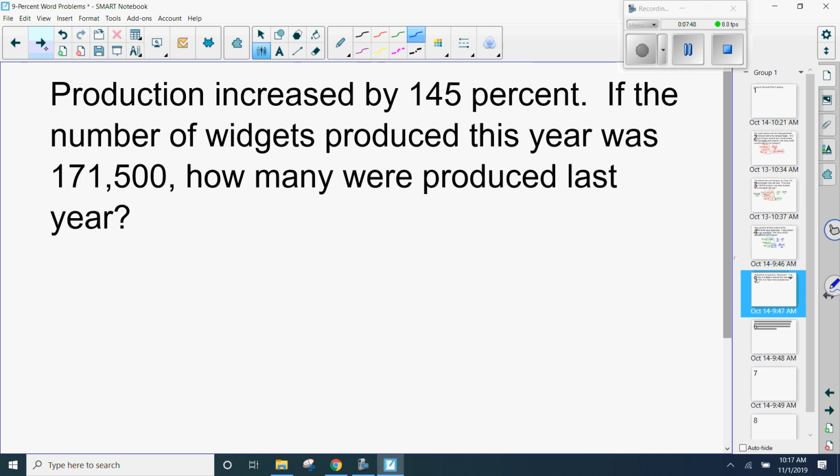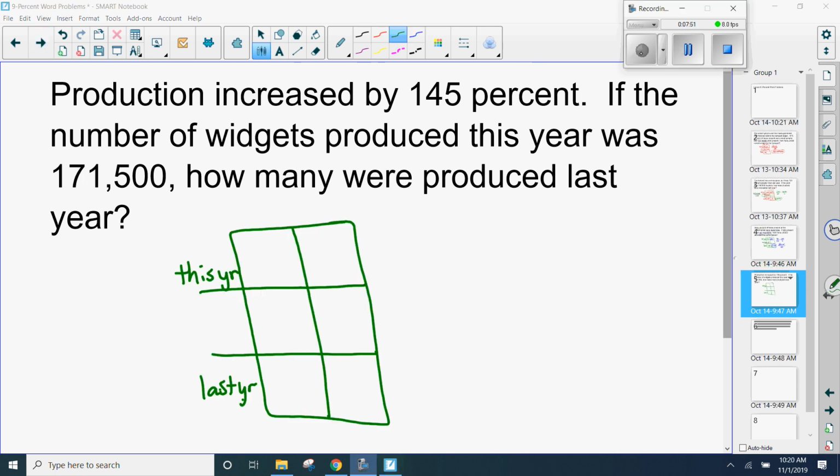Try this one. Okay, so as you look at it, production last year is your reference point, so that's going to be 100%. What happens is it increased 145%. So if it increased 145%, what percent is it this year? 245%.